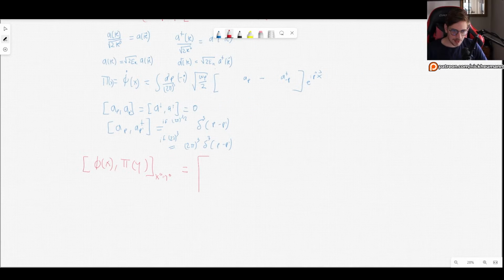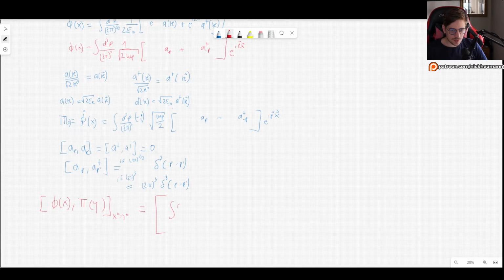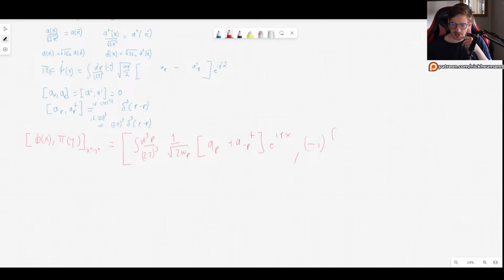So we have phi, which is the integral of d3p over 2 pi cubed, 1 over square root of 2 omega p, and then we have A_p plus A_{-p} dagger, e^{ipx}, and then we have comma, minus i, so just writing the minus outside, integral d3p over 2 pi cubed, then the square root of omega p over 2, and then we have A_p minus A_{-p} dagger.